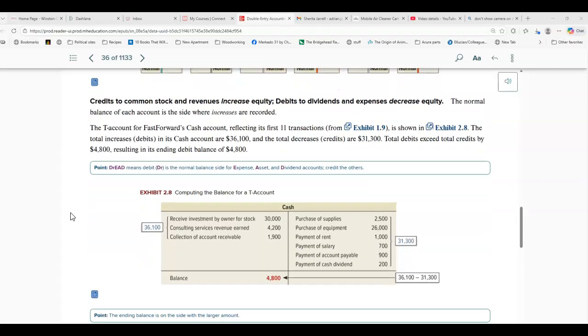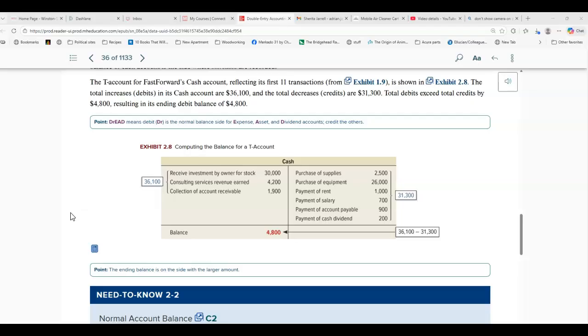So here is an example of a T account for their cash account. Fast forward, we went through some of these in chapter 1. We got an investment from the owner, and this is only the cash account. It's not showing the other accounts that were there, but each account just records the transactions in that one account. So the first thing that happened, we received an investment in cash and gave up common stock, or issued common stock.